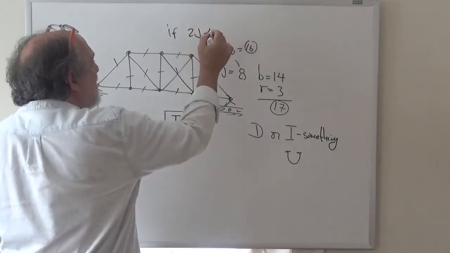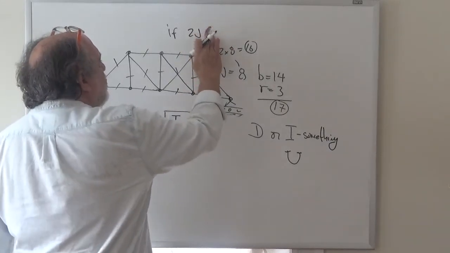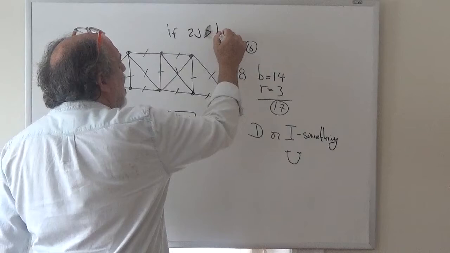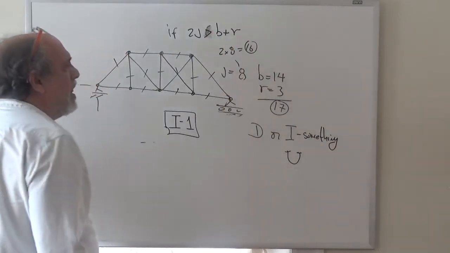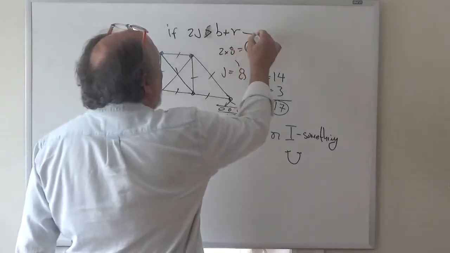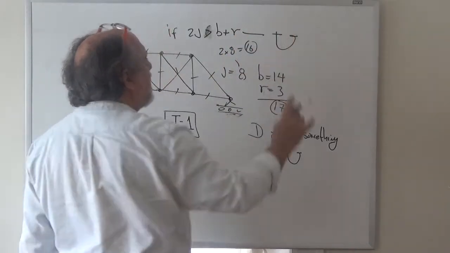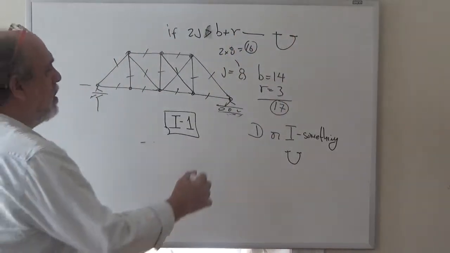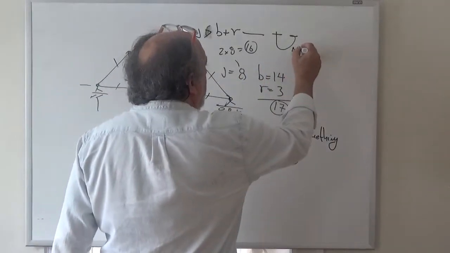If 2J is more than B plus R, then that means that you have too many equations, and in that case there's only one conclusion, which is that the arrangement is unstable. Okay?